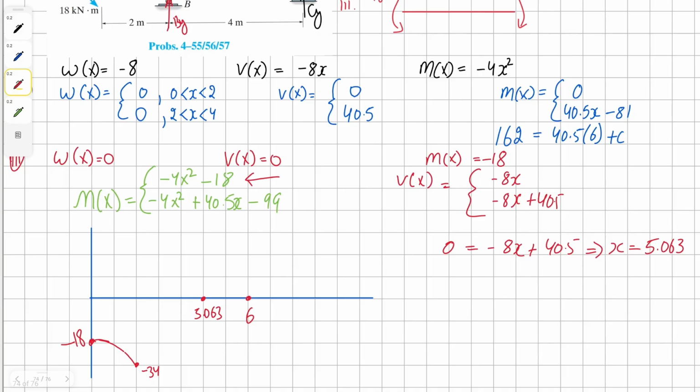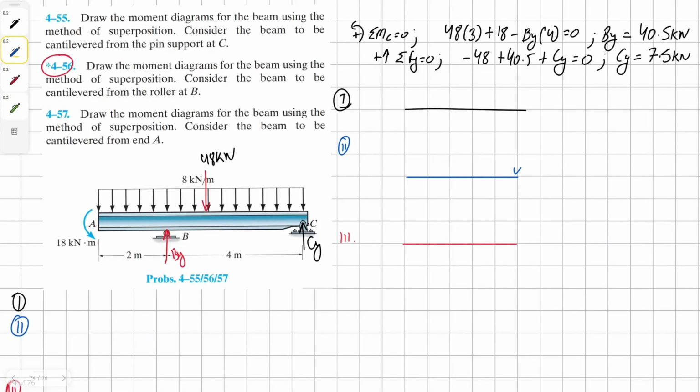We can plug that value into our equation to find that out, and that value is 3.516. And from there we know we're going to go down to 0 at 6, but we can verify that.